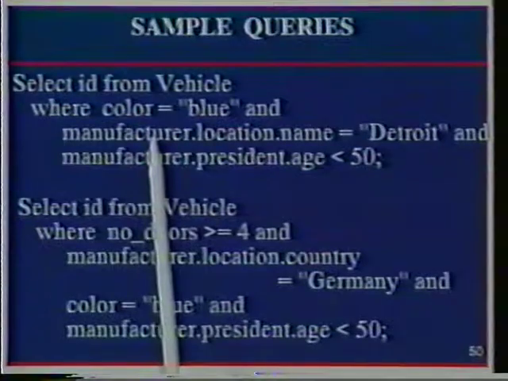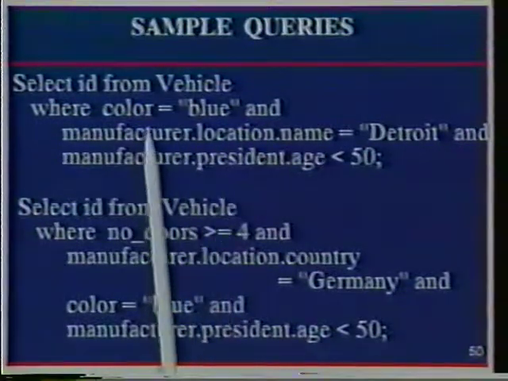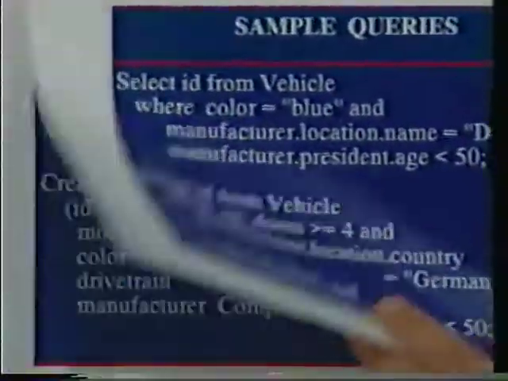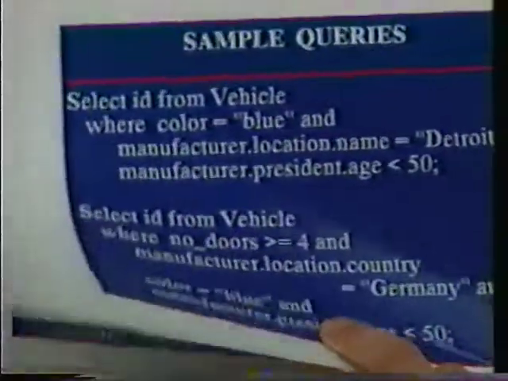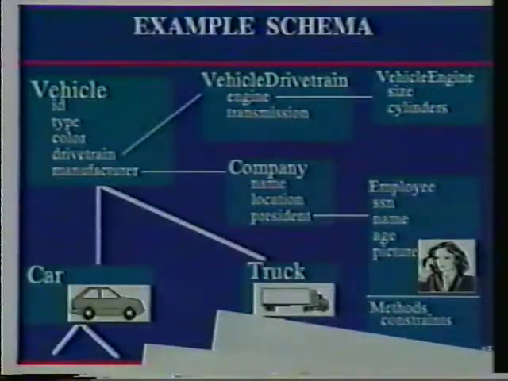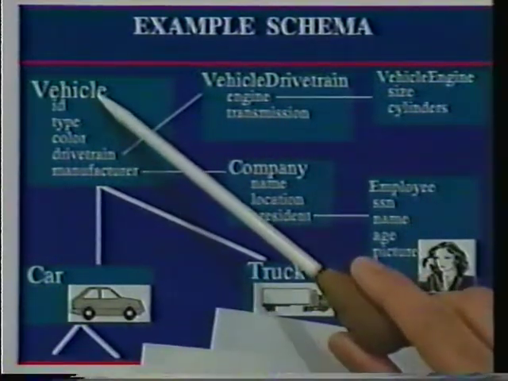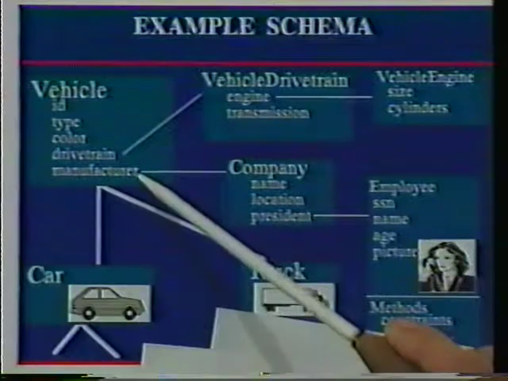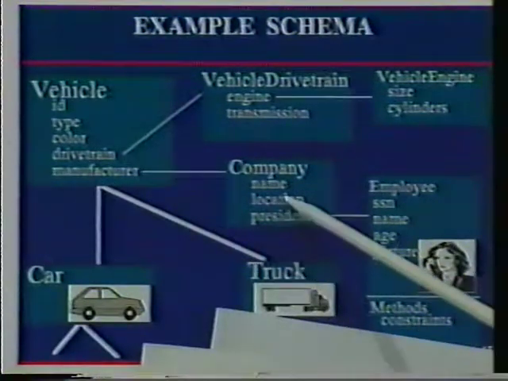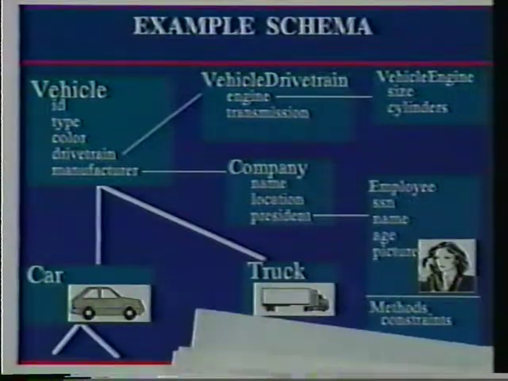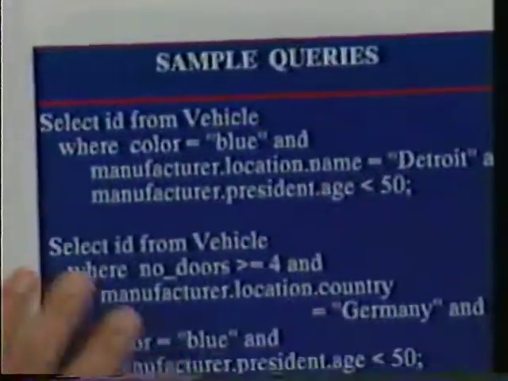Note we can navigate through various objects like manufacturer dot location, dot name, and if you go to the previous example, you can see that the vehicle has manufacturer dot location which will give me this, and location dot age will give me this.